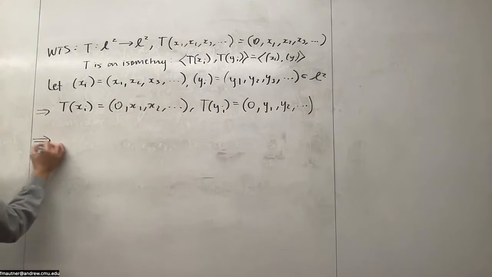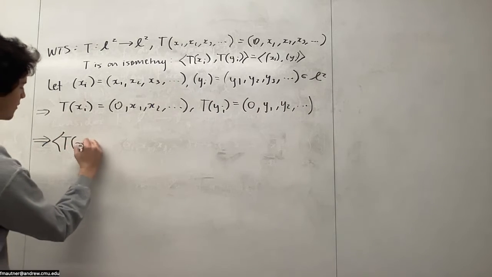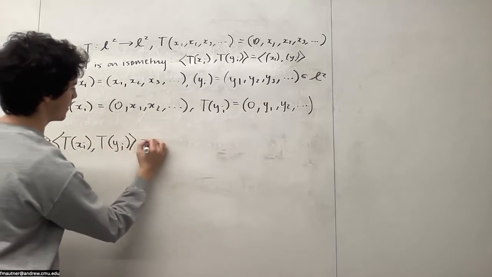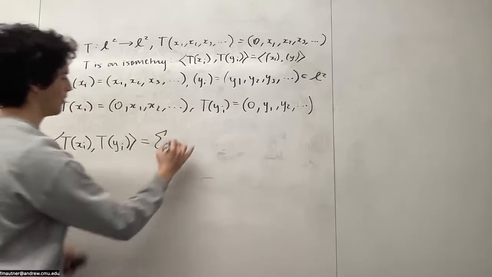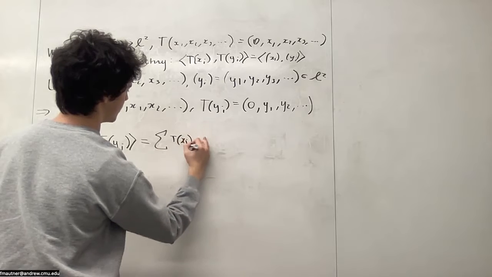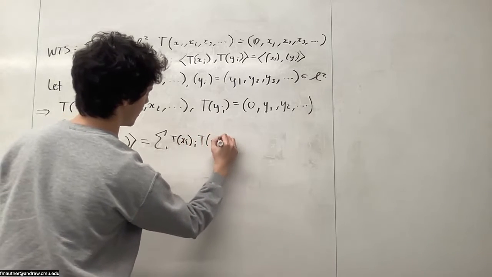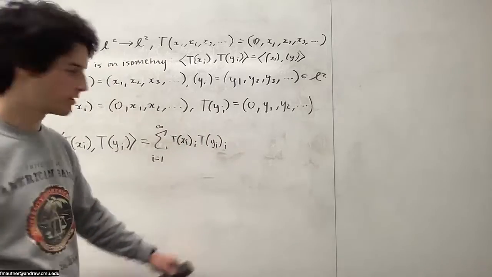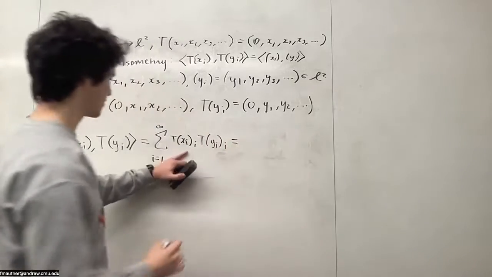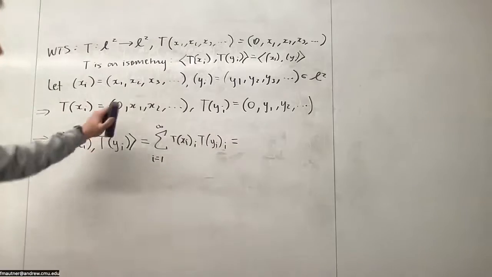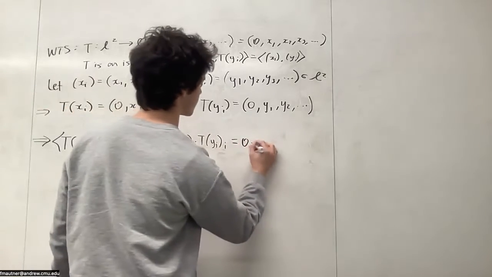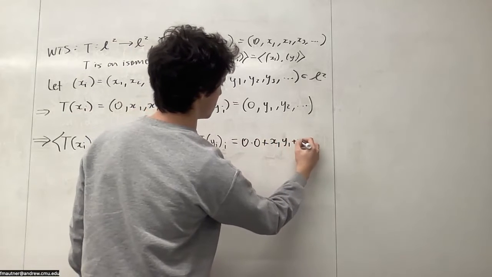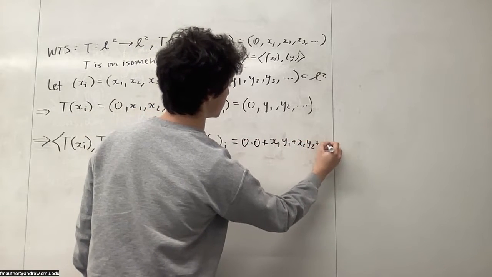Now, what that means is that when we take T of xi and take the inner product with T of yi, that'll be the sum of T of xi sub i times T of yi sub i from i equals 1 to infinity, just by the definition of the dot product. We can start writing the terms out. First one will be 0 times 0, plus x1 y1, plus x2 y2, and so on.